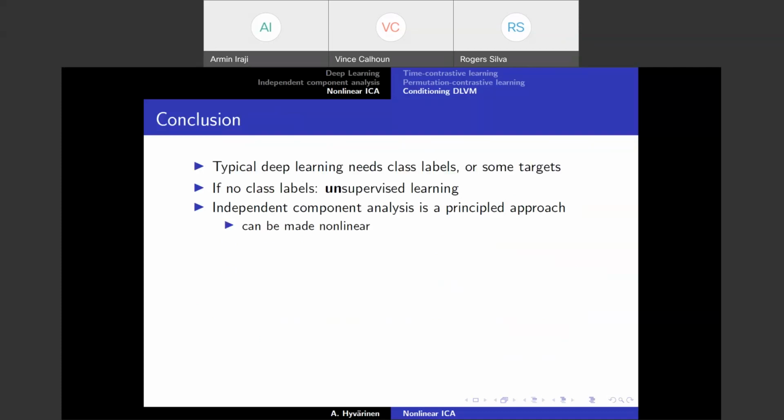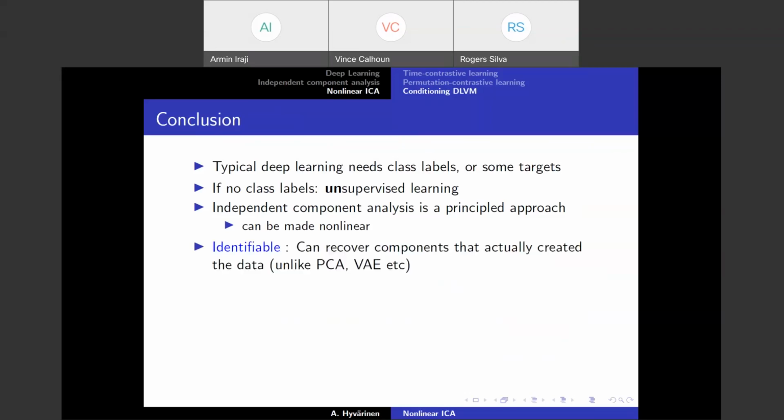The point here is that it can be made nonlinear, although it's not straightforward. The fundamental problem is identifiability: how can we make the model identifiable, which means that we can recover the components that actually created the data, unlike PCA or VAE.